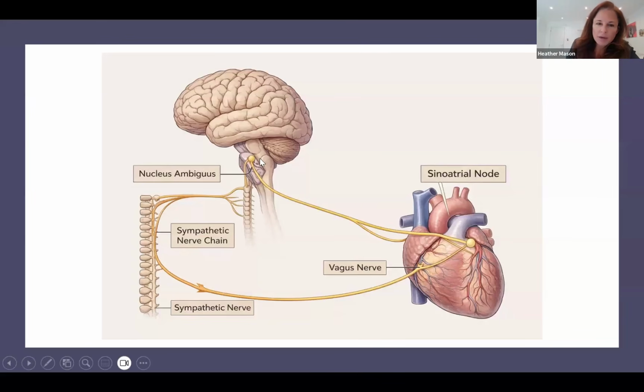So let's go back, right? So again, during the exhalation, the nucleus ambiguus is activated more through other networks in the brain. It's sending more output down the vagus to the sinoatrial node. So every exhalation, the heartbeat slows more than it does just from the underlying unconscious pendulum that's happening all the time between the sympathetic and the parasympathetic system.